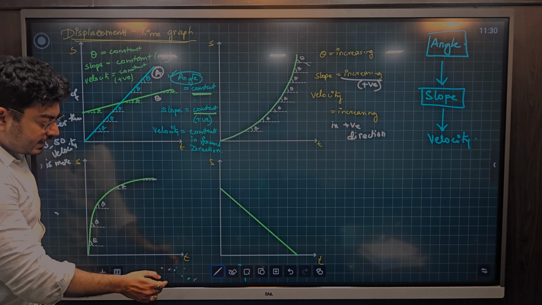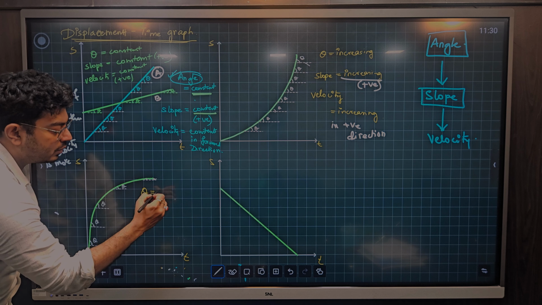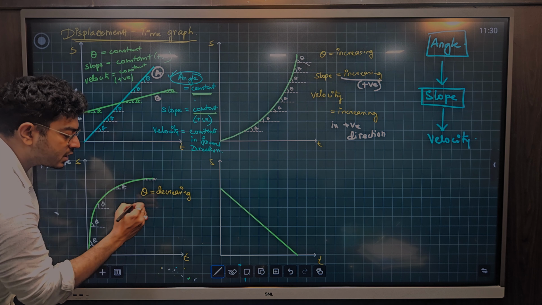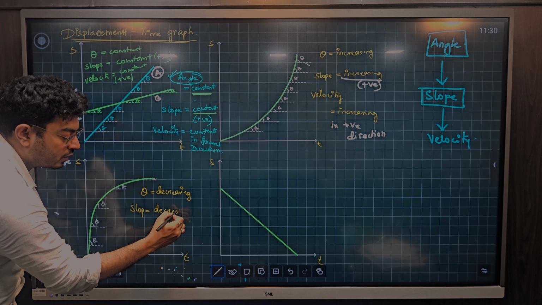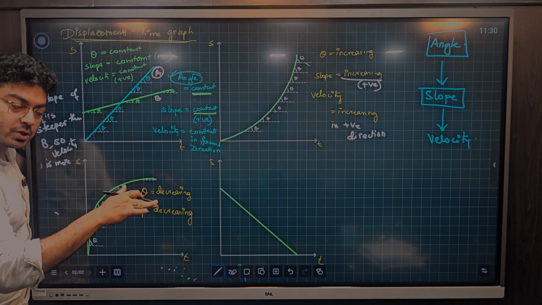So that means you can see what was going on. Here theta was decreasing. So that means slope was also decreasing. What type of slope? Upward slope. That means it's positive.